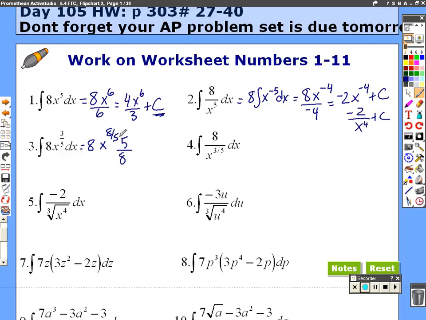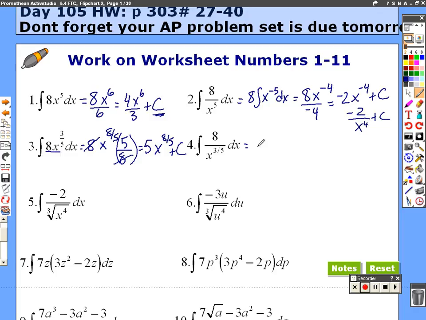So dividing by a fraction is like multiplying by the reciprocal. Cancel the 8's, and you get 5x to the 8 over 5 plus c. And if at any point you're not sure, or you think this is weird, take the derivative of my answer, and you should get back the integrand.